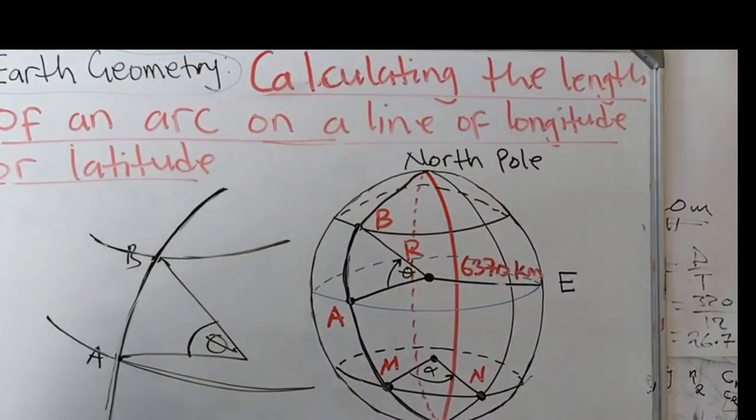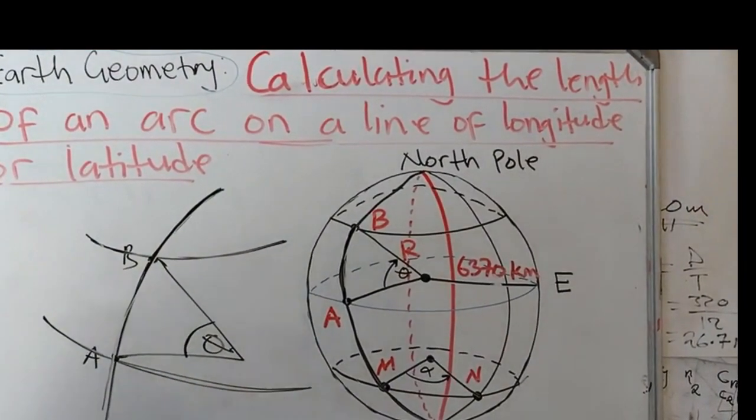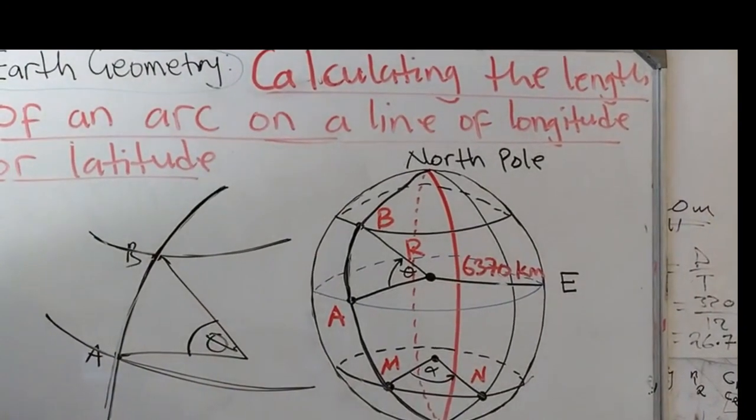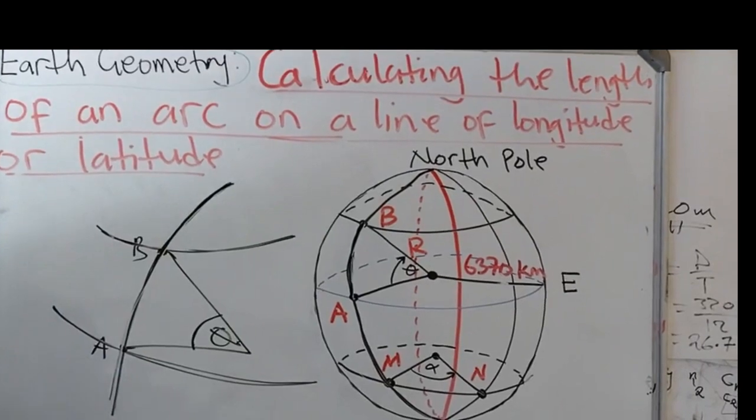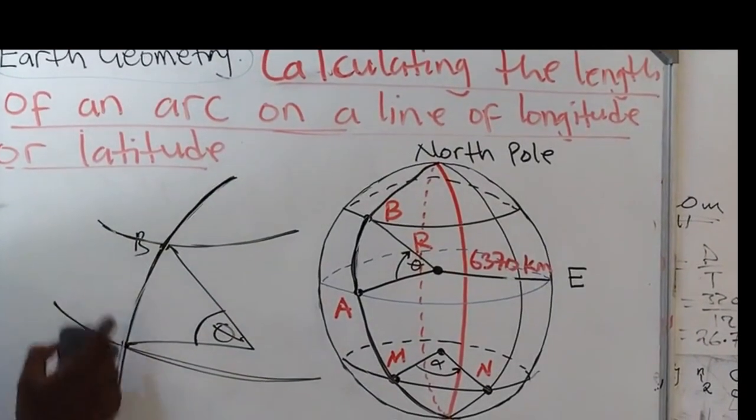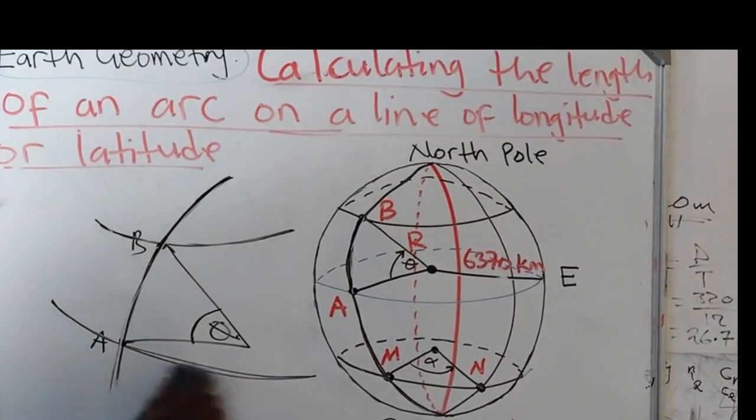Now how can you find the distance from A to B along the same longitude? It is very important that you understand the formula you can use to find the length of an arc on the line of longitude, or the distance of line AB on the line of longitude.